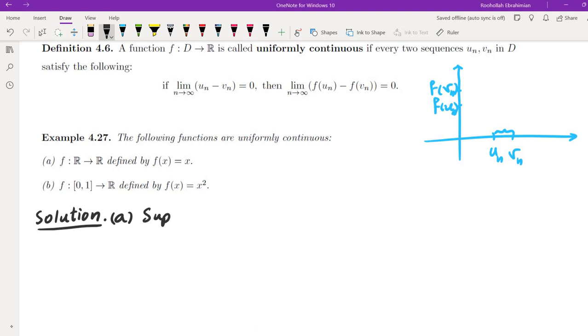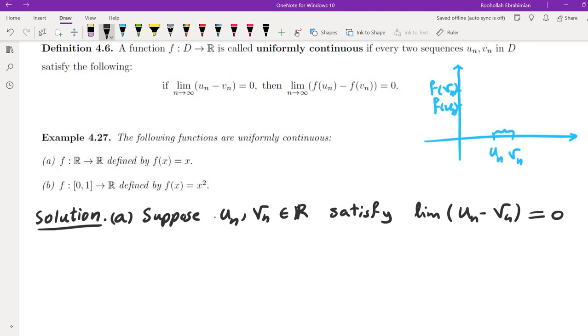So suppose un and vn in R satisfy the limit of un minus vn equals 0 as n approaches infinity.